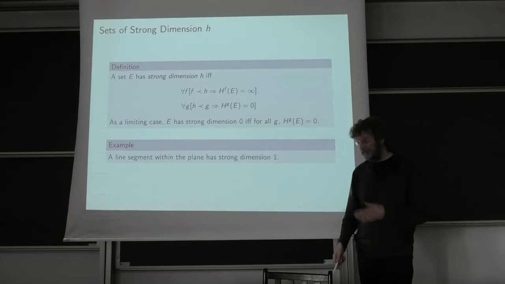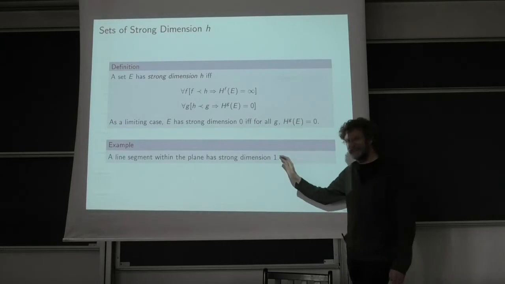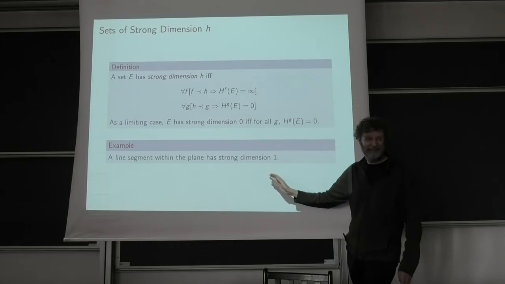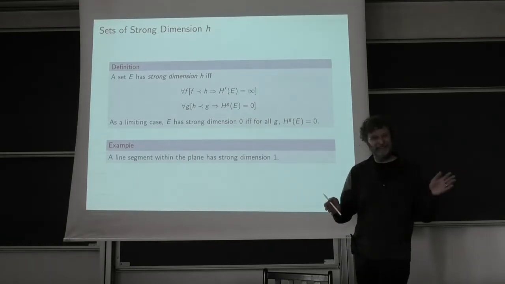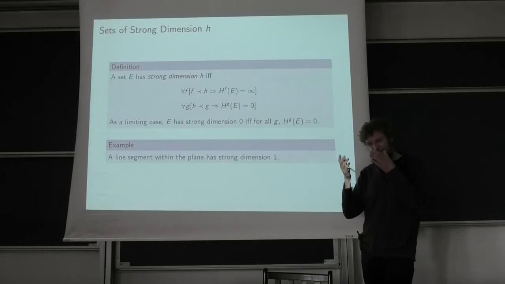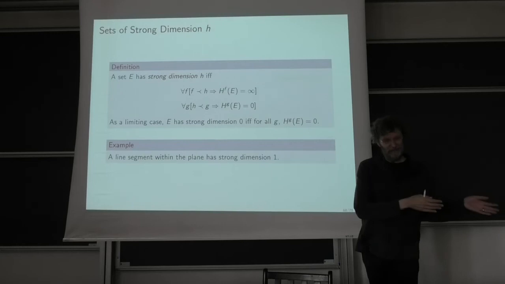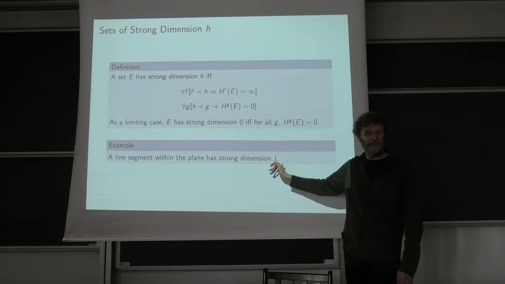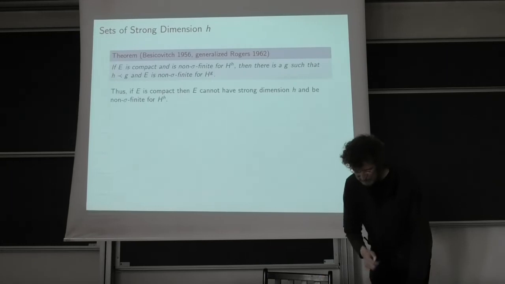I mean, if anything dimensionally is true, for arbitrary sets, it should be the case that the dimension of a line is 1, no matter how finely you analyze it. A line should have linear extent, and not more and not less. If this were not true, you'd have to change the definition. Something's wrong with the definition. So a line segment in the plane has strong dimension 1.